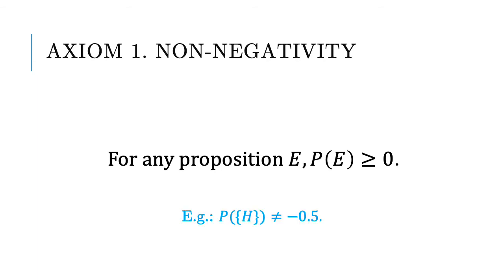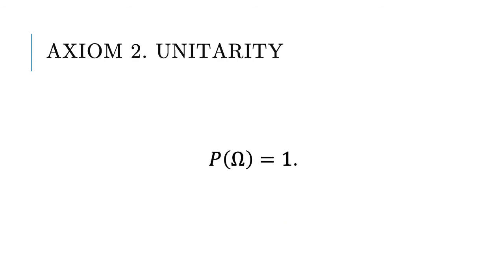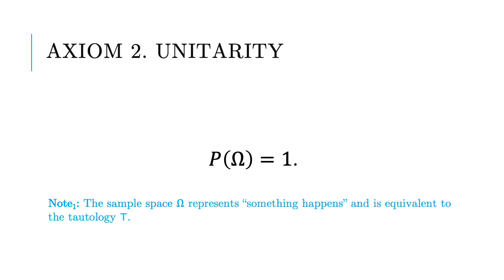For example, the probability of the event that the coin toss comes up heads cannot be negative 0.5 or negative 0.4 or indeed negative anything. Our second axiom is unitarity, which states that the probability of the sample space, which, recall, represents that something happens and is equivalent to the tautology, is equal to 1.